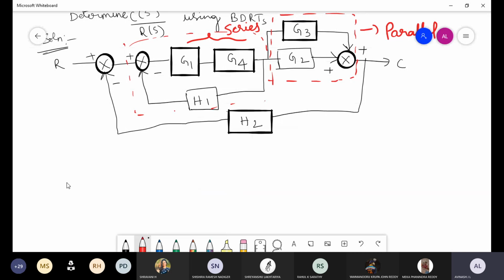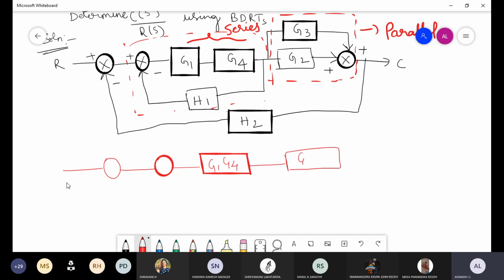Written? So here it will become what? G1, G4, and here it will become what? G2 plus G3, and here it will become what? 1 minor feedback loop H1 with minus, and here it is plus, and here it is plus, and this will become what?